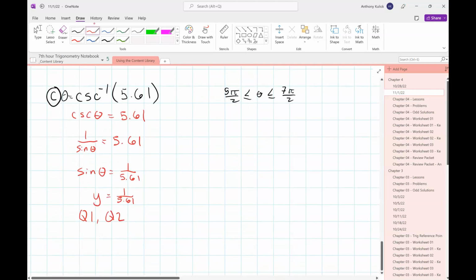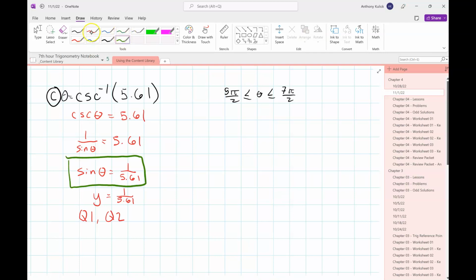And really, since I have this, that's going to allow me to say that theta equals sine inverse of 1 over 5.61. So that's what I'm going to be using in my calculator later. But I have a little bit of work to do.